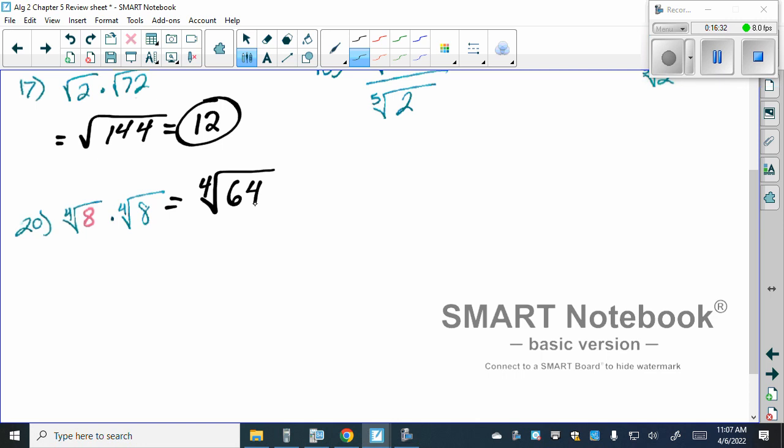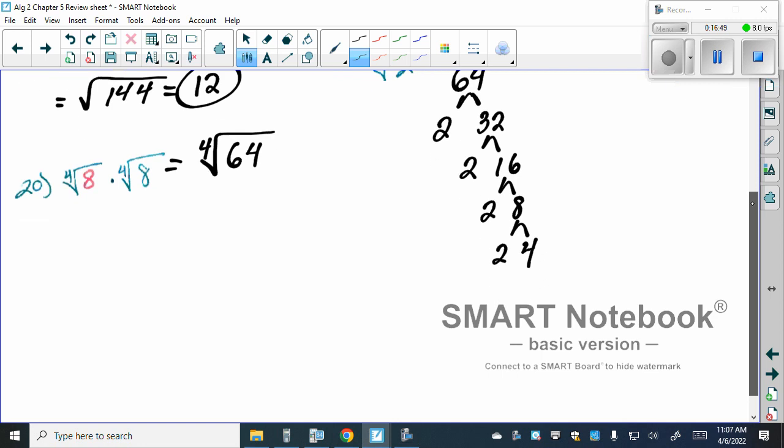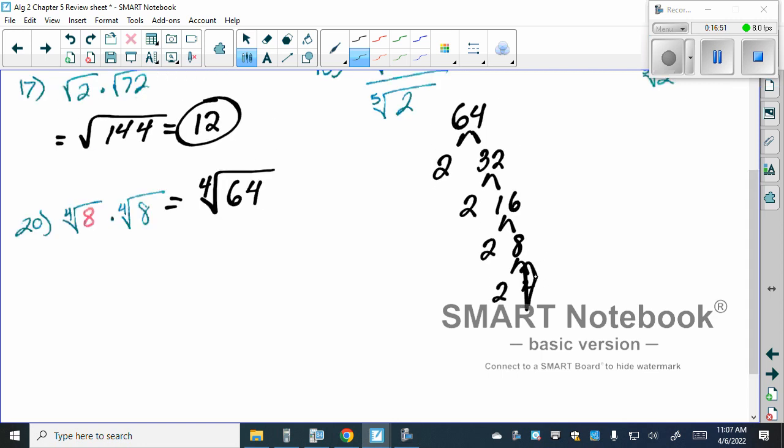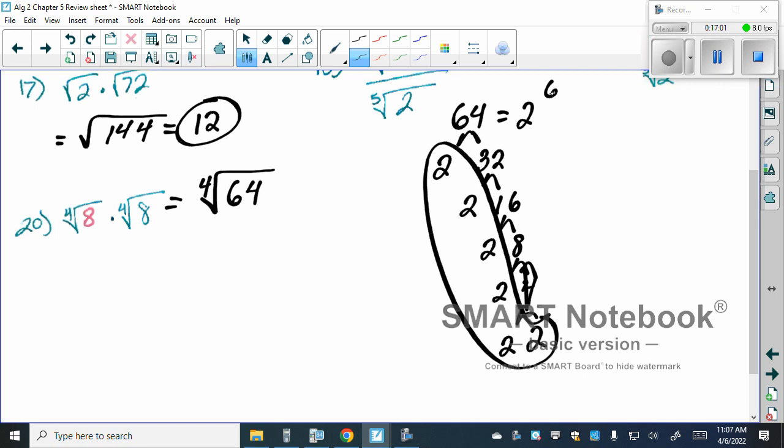Now if we looked at the factor tree, well, 2 works, 2 and 32. 32 is 2 and 16. 16 is 2 and 8. 8 is 2 and 4 is, well, 2 and 2. Apparently I'm going to write over the top. Well, how many 2's do we have here? 6. So 64 is 2 to the 6th.